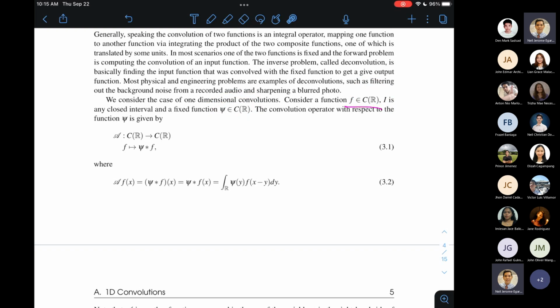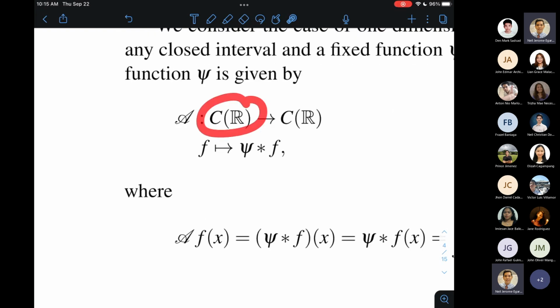Now, the convolution operator with respect to the function psi is the operator that will transform a continuous function na input into another continuous function, such that f, the input, is mapped to the convolution of the fixed function psi. So naka-fix si psi, given yan sa problem, convoluted by f.